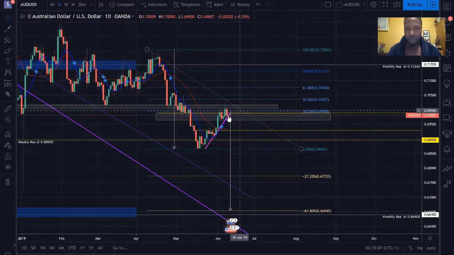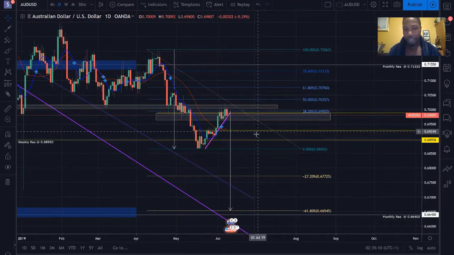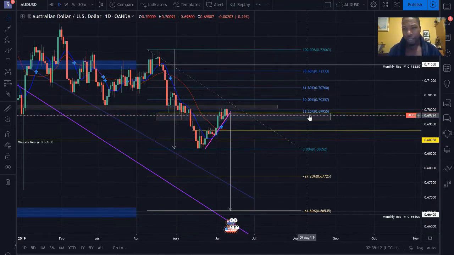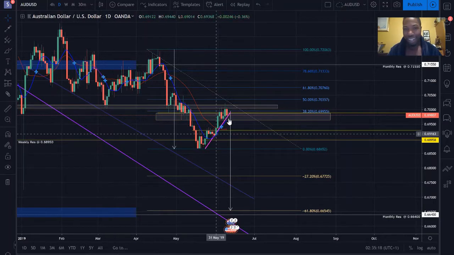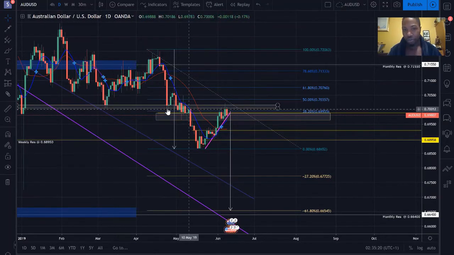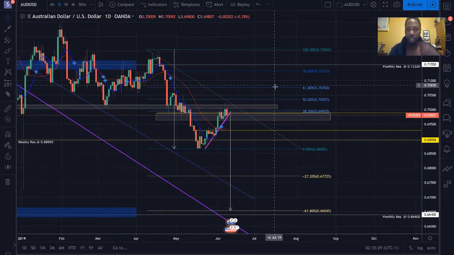You can see at the moment price action is encapsulated by the 38.2 fib, and more importantly by previous support, which now seems to be acting as a pretty good resistance. We can see that we had a bearish leg here, and again we can see the spikes.